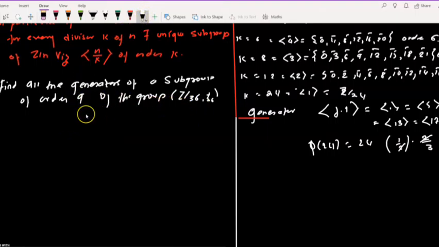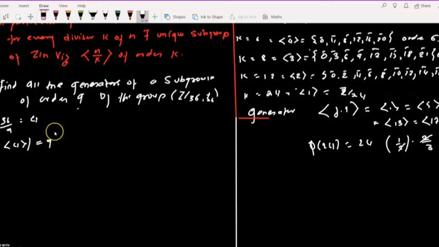So if I look at a subgroup of order 9, it's generated by 36 over 9, which is 4, right? 4 would generate, the order of 4 would be 9.